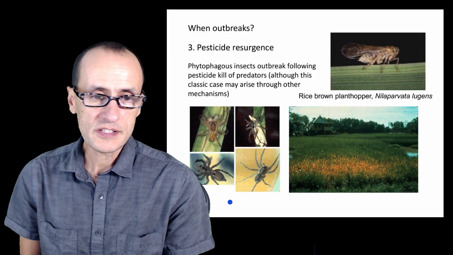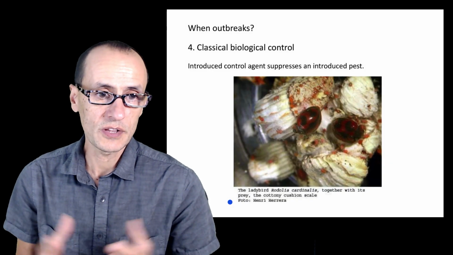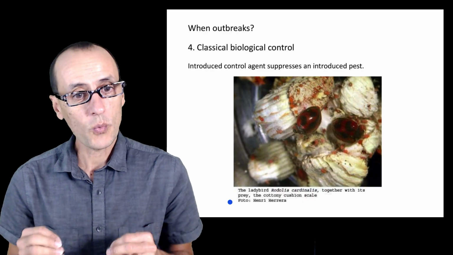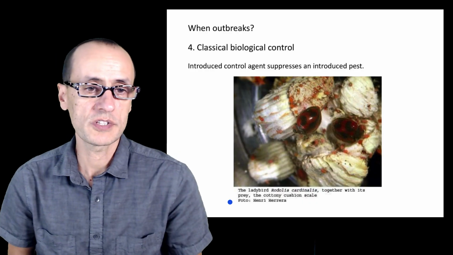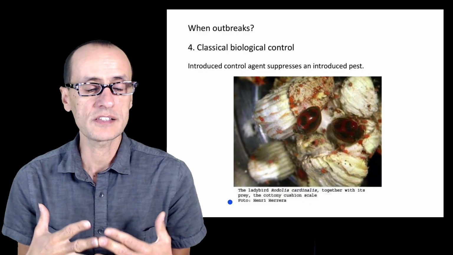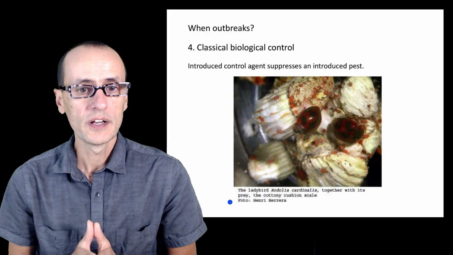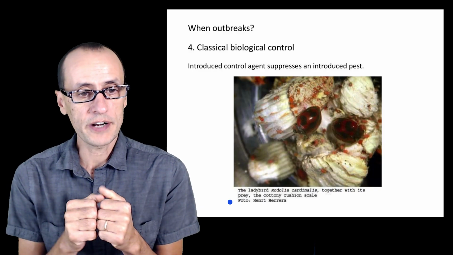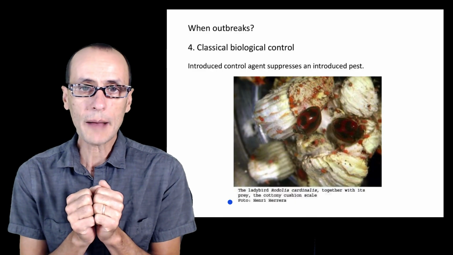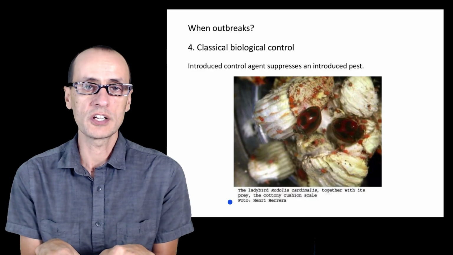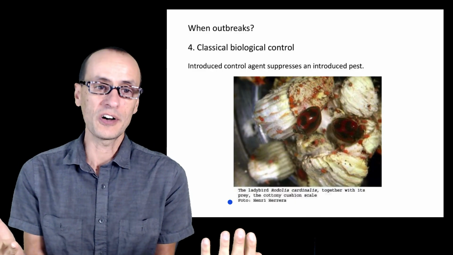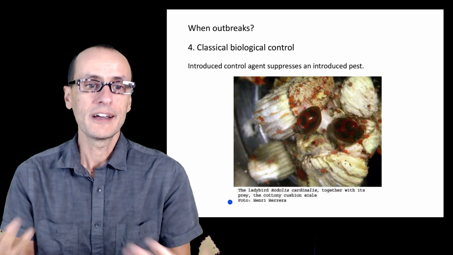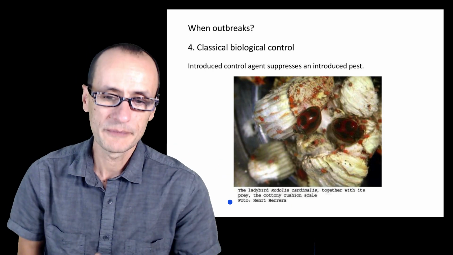And the flip side of this is instances, like we learned early on in class, where predators have been reintroduced into a particular system, as in the case of classical biological control. When this predator-prey interaction is reestablished, you get the suppression of the herbivore and the lack of consumption of plants, and therefore a green world.